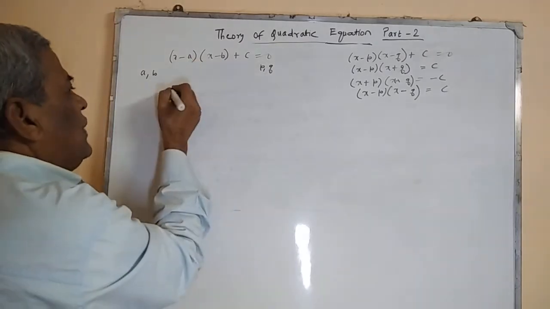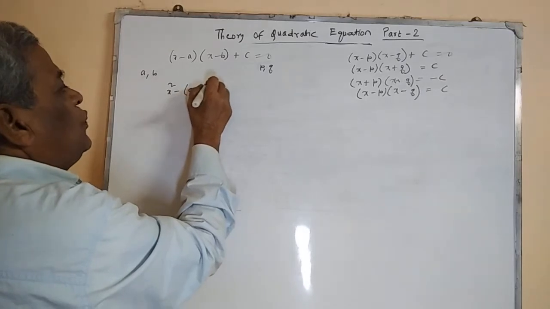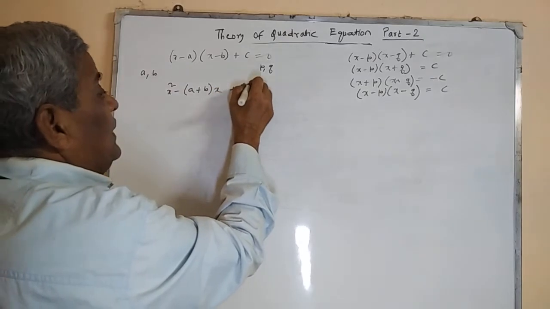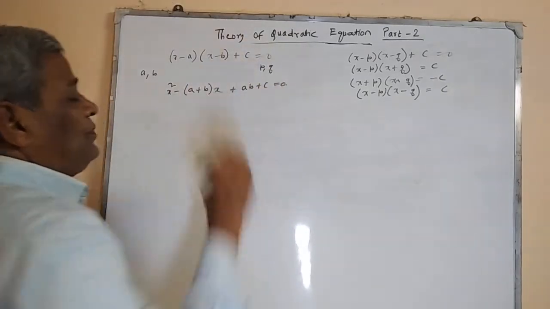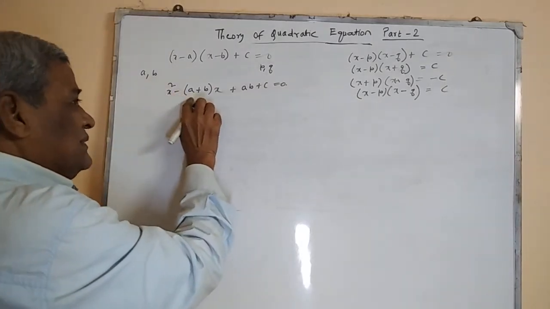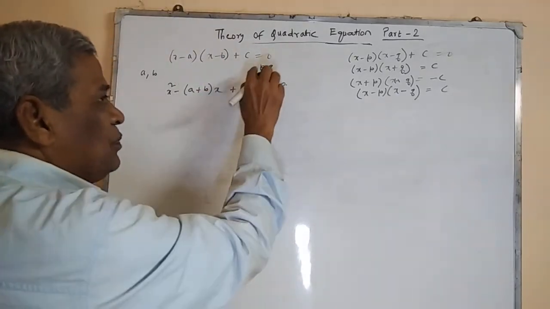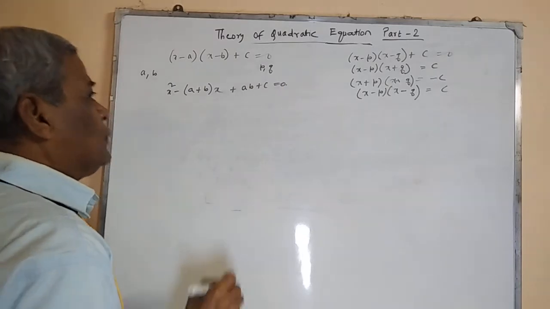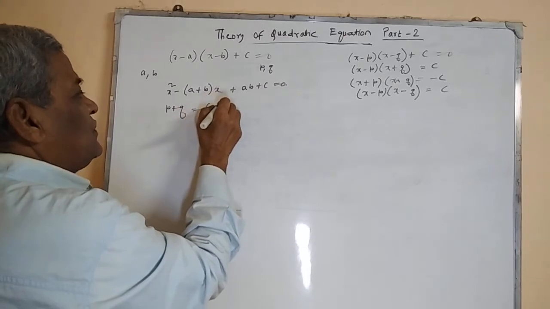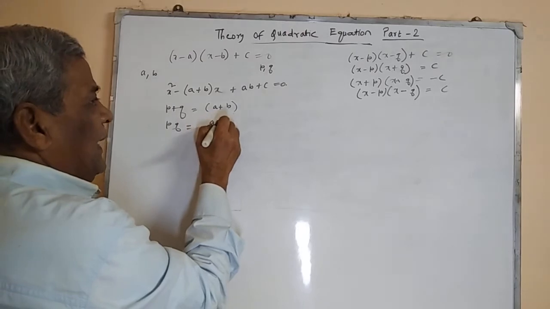Now from the given equation, it is x square minus a plus b into x, minus ax minus bx plus ab plus c is equal to 0. As p and q are roots, we get p plus q is equal to a plus b, and product pq is equal to ab plus c.